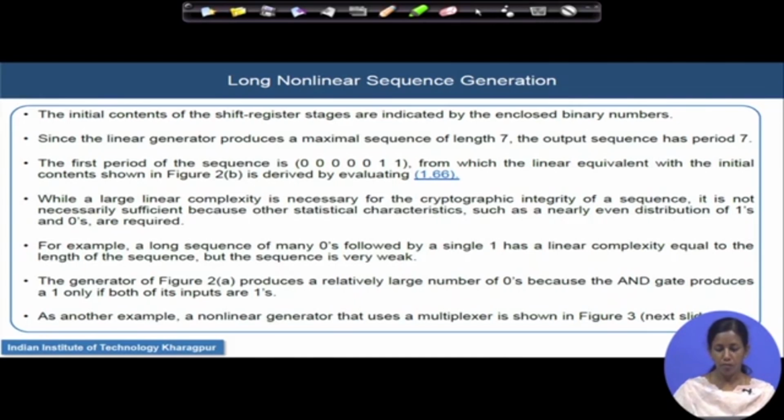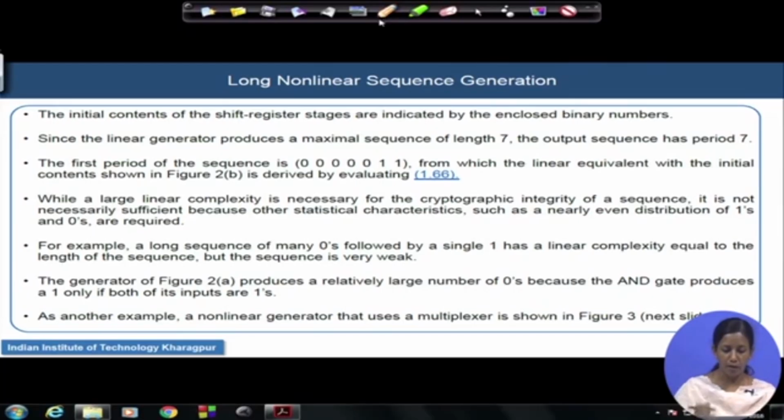Remember, it is not always true that a very long sequence with even distribution will give a good amount of linear complexity. It should have some other properties also.